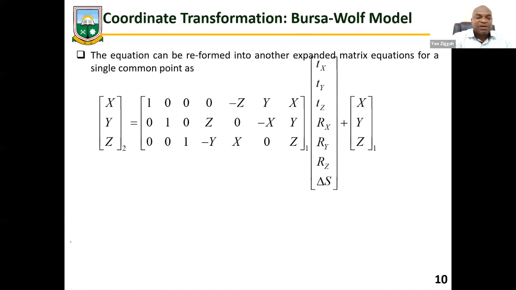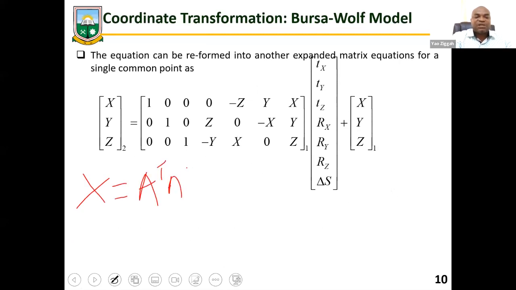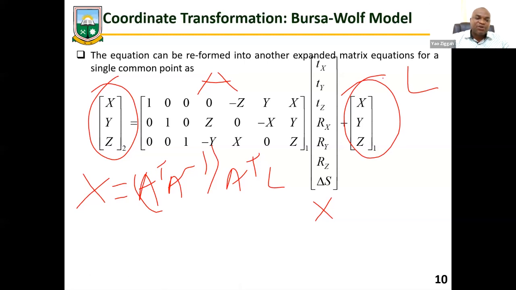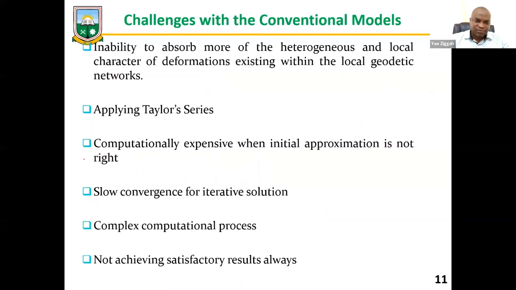And usually the geodesist will say that X equals A transpose A, all inverse, A transpose L, where this matrix here is the A, and this one is the X, the unknown that you want to determine. Then the coordinates XYZ in datum 2 minus XYZ in datum 1, you subtract, and then you get your L. So basically, this is what you do. Then when you get your parameters, you now perform the transformation.